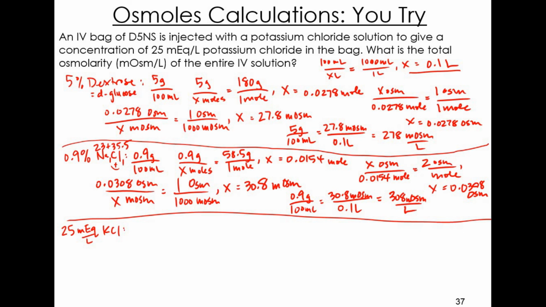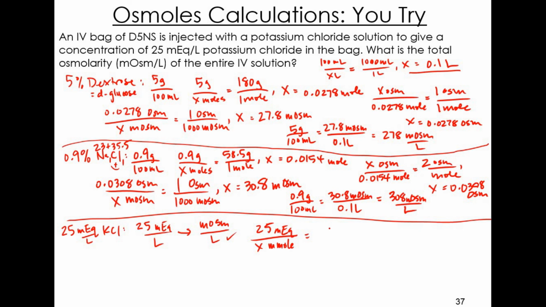Last one is we have 25 milliequivalents per liter of potassium chloride. And so we need to convert the milliequivalents to milliosmoles, and liters is already covered. 25 milliequivalents. We always go to moles first. So how many millimoles is that?